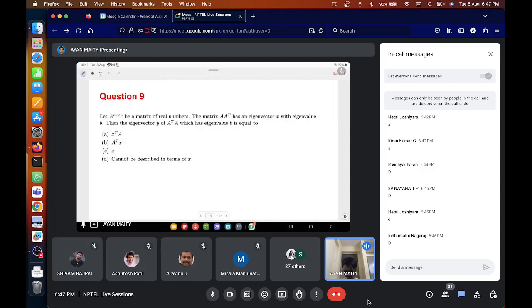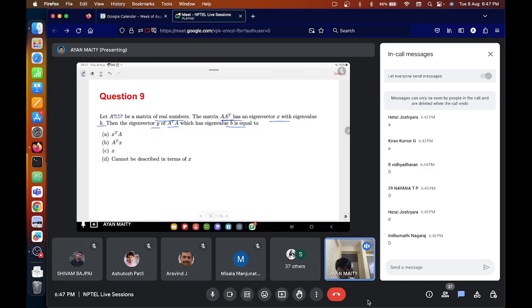This is question 9. Let A, which is an M cross N matrix, be a matrix of real numbers. The matrix A transpose has an eigenvector X with eigenvalue B. Then the eigenvector Y of A transpose A, which has eigenvalue B, is equal to one of four options.